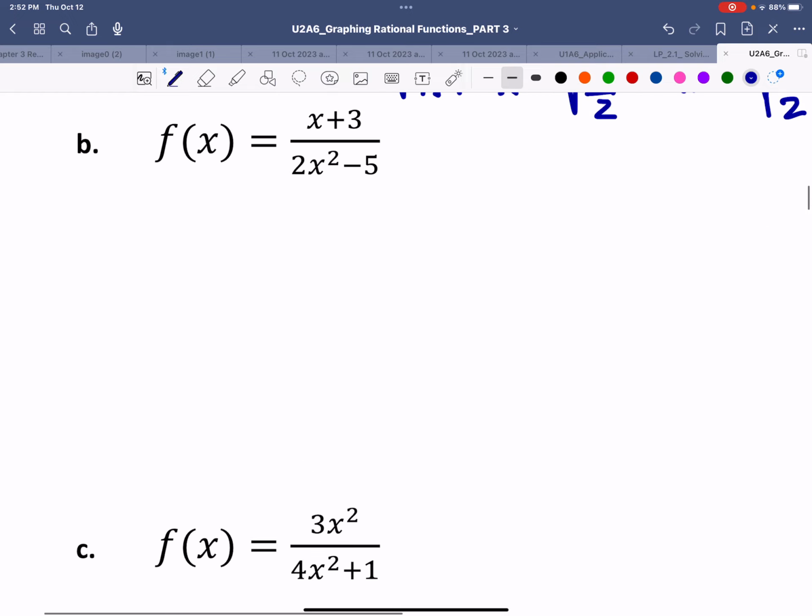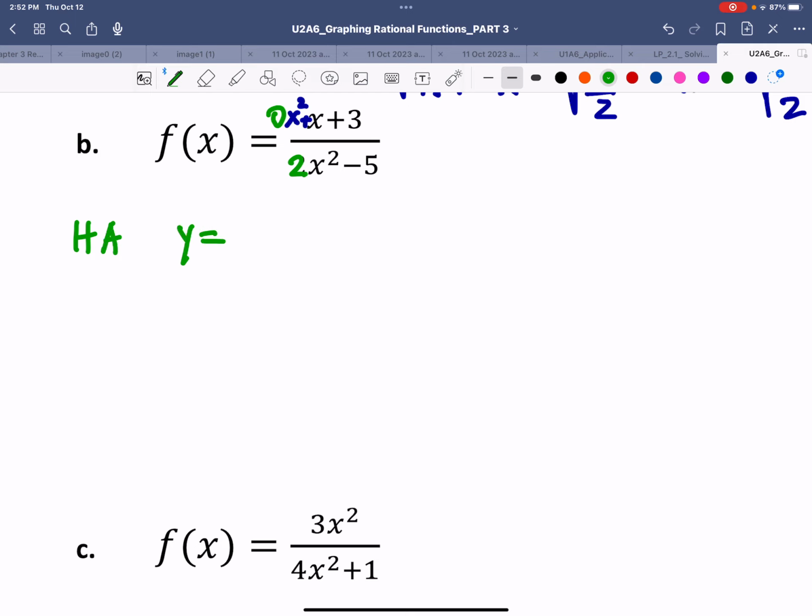So looking at the next example, as you can see in here, we have x plus 3 over 2x squared minus 5. So this is linear, so first degree over second degree. So there are two ways we can actually determine the horizontal asymptote easily. We can add the term x squared so that we have the same degree in both numerator and denominator, and then determine the horizontal asymptote as a ratio of leading coefficients.